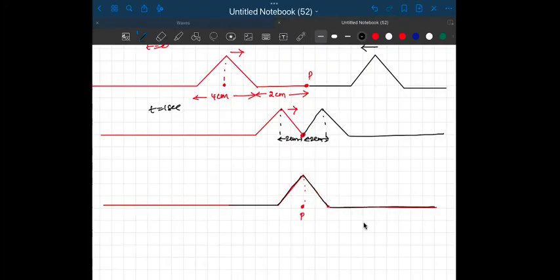Now tell me what is going to happen. Actually, at this region, the actual color line will go till here. Now this is t is equal to 2 seconds.